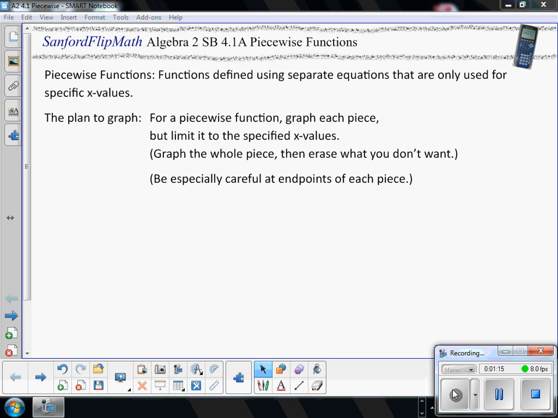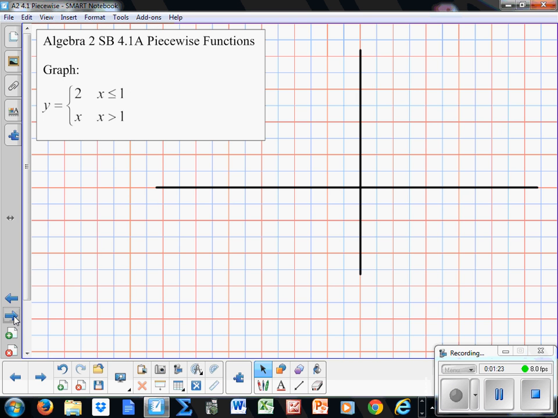There's nothing really that different about what we're about to do from what we've been doing graphing equations, but to make things a little easier, we're going to focus on some easy equations first, and then we'll get into the more interesting ones. So notice what it says. It says graph y equals 2 for x less than or equal to 1, and y equals x for x greater than 1.